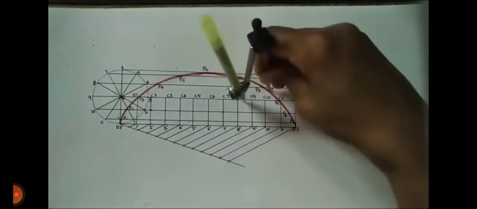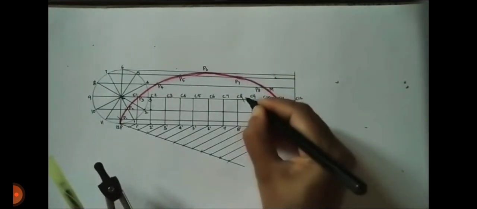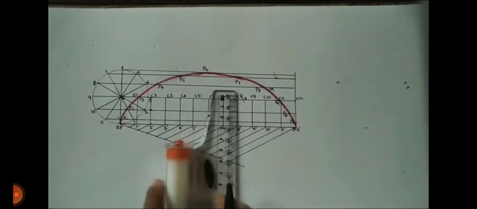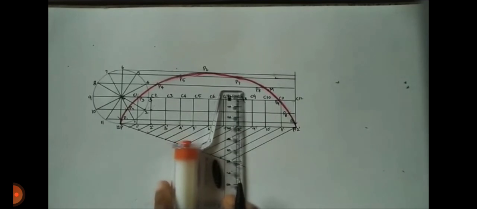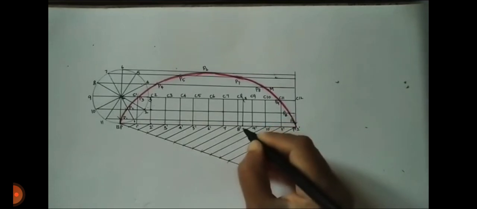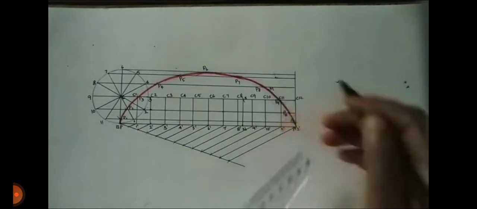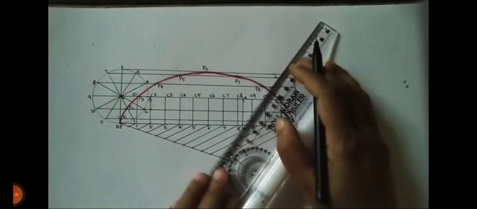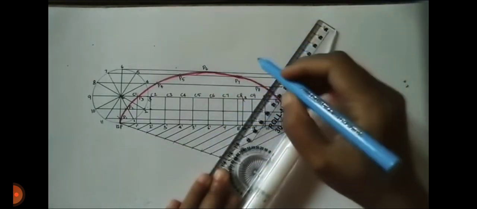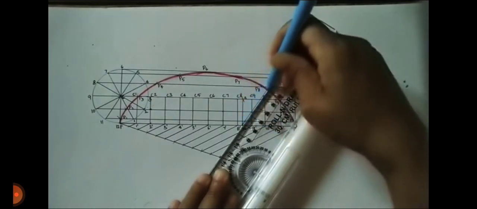Take a radius of 25 mm and draw an arc on the center line. Name that point X. Join X to the baseline; this line is X N. Draw a line from N to M. This line is the normal line.